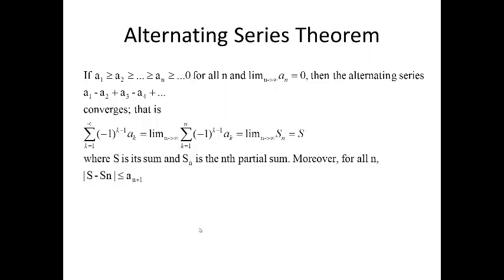And moreover, for all n, |s minus s_n| is less than the first omitted term.